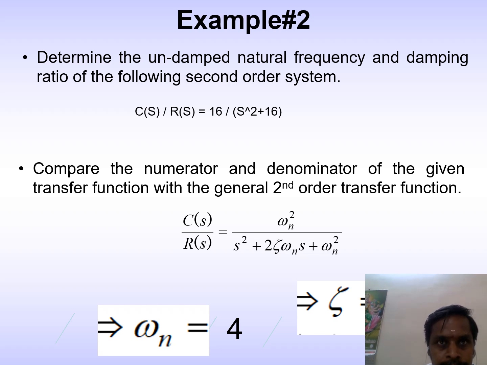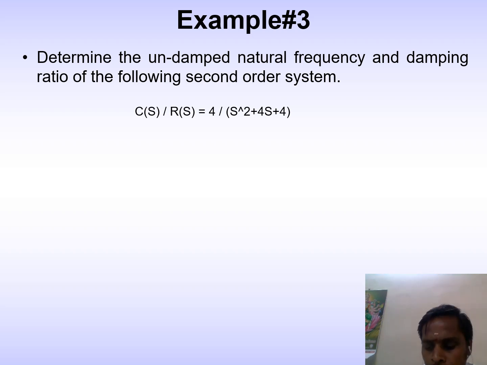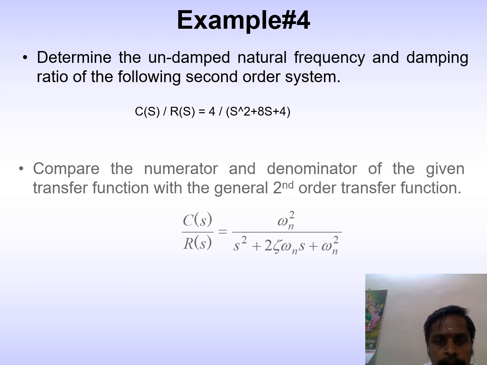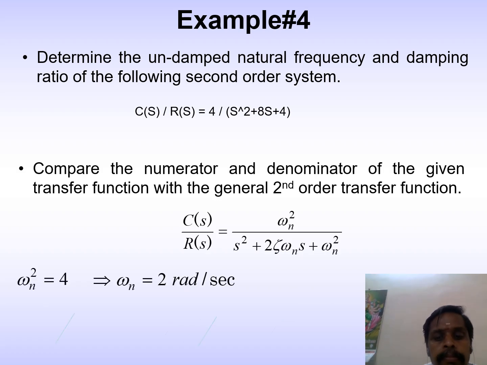Zeta is 0 means there is no damping, isn't it? It is an undamped system. So you have to do the MATLAB simulation for the undamped system, as well as the other one where omega n is 2 radian per second, and find the output graph.